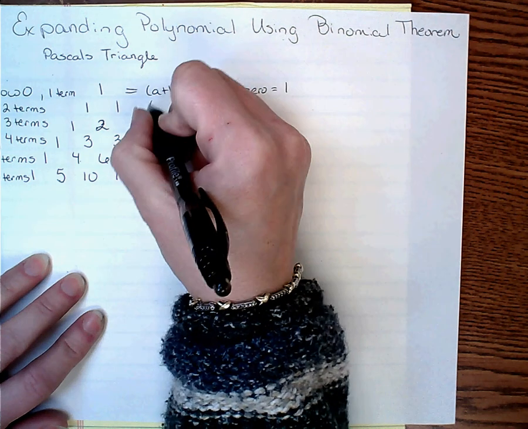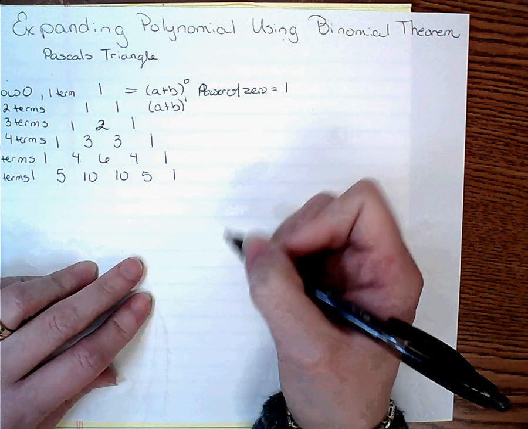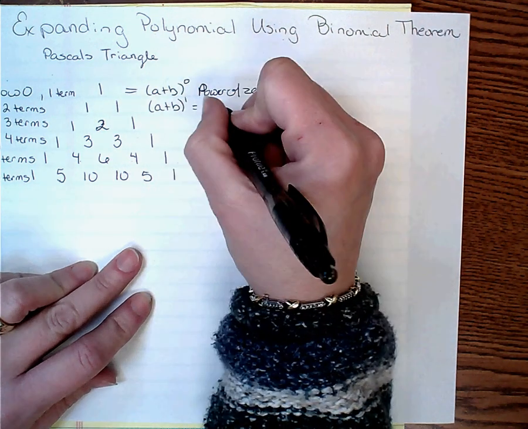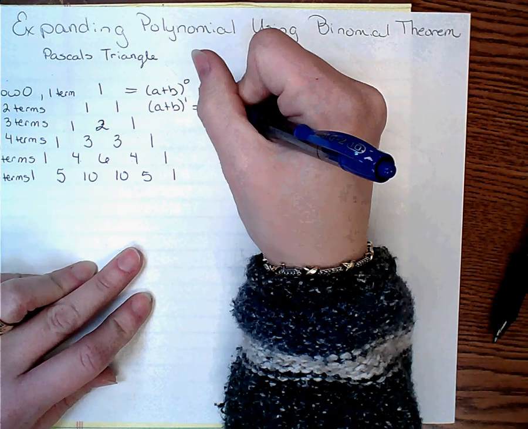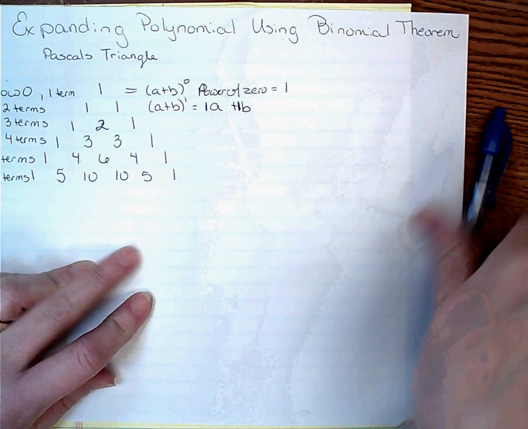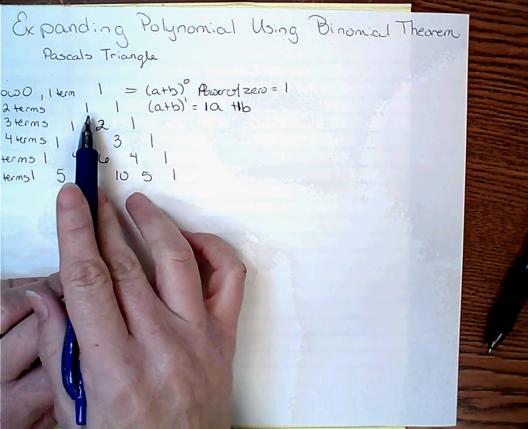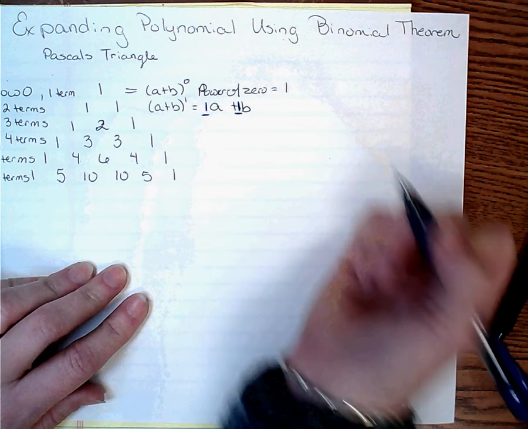Okay? A plus b raised to the first power is going to give me just a plus b. If you notice, the coefficient in front of a is 1, the coefficient in front of b is 1. Now over here, check out your terms, 1 and 1, and I'm going to underline those for you.